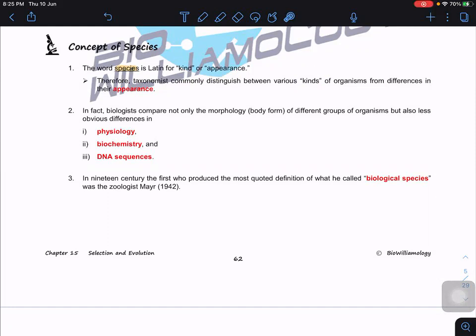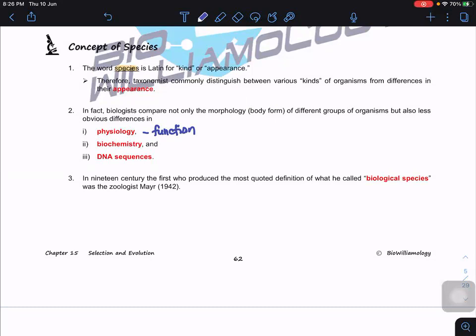But it's not so easy to say based on appearance only. So biologists compare not only the morphology. Morphology means body form. We also compare in terms of the physiology. Physiology means how the body functions, for example, whether particular organs function the same or not.